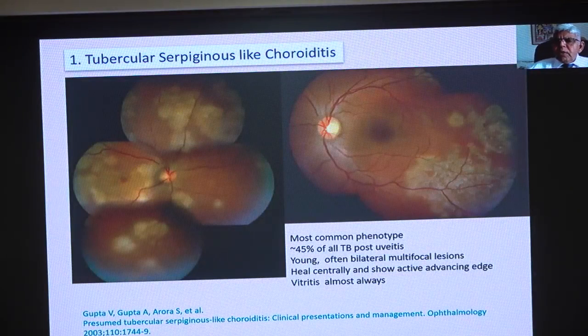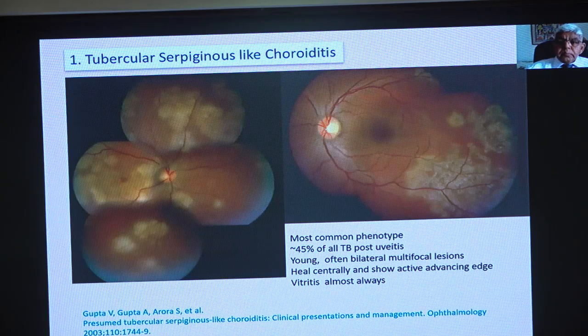Nearly half of the patients with TB uveitis will present, in young people, with almost always bilateral, multifocal lesions of choroiditis, which classically heal centrally. This is what we named multifocal serpiginous-like choroiditis, or tubercular serpiginous-like choroiditis, almost 20 years ago.